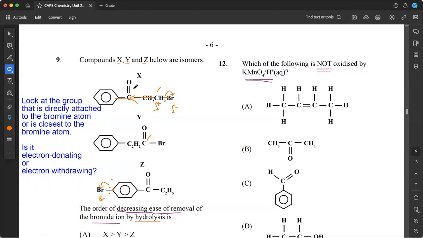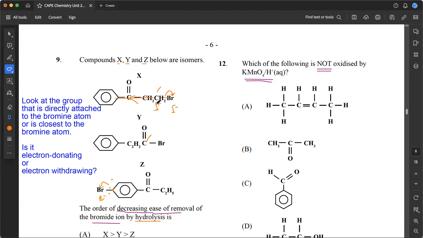But let's rank the electron withdrawing power of all of these groups is what we have to do, right? So this is going to withdraw to a great extent, right? And the bromine is here. So that's going to withdraw to a great extent, but to an even greater extent is this carbonyl carbon that's directly attached to the bromine, right? So there's nothing in between it, right?